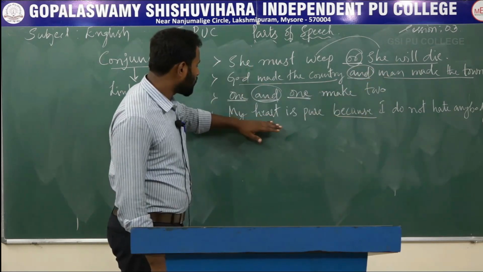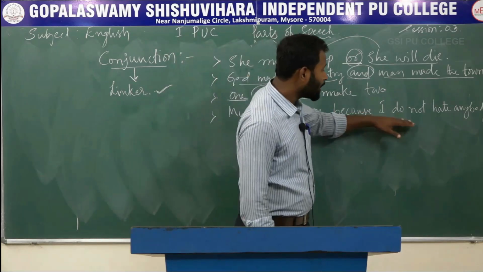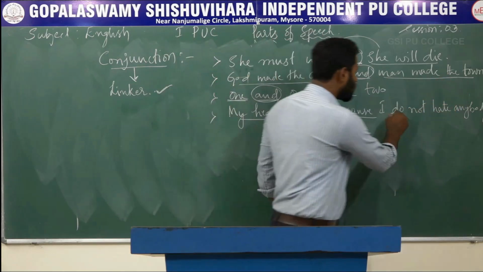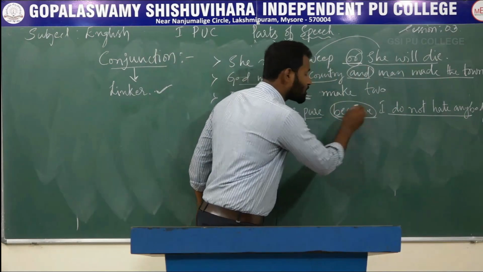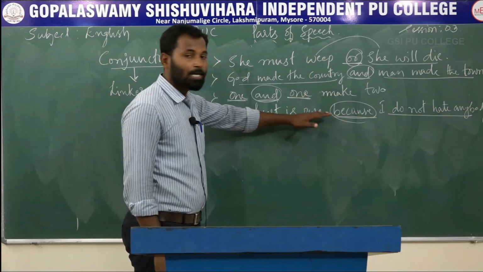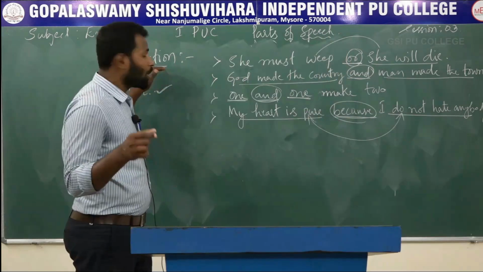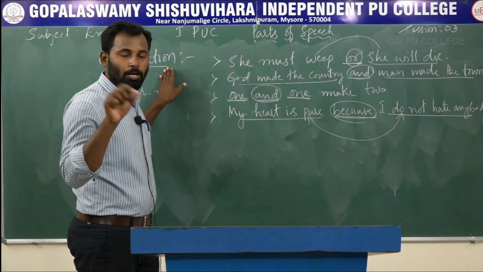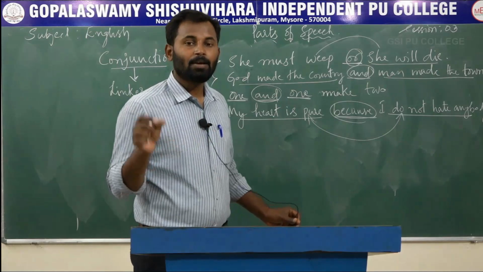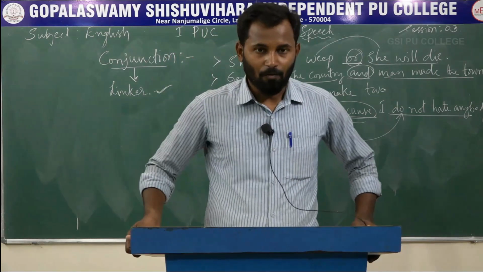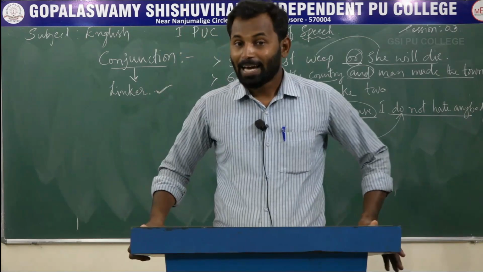And the last one is, my heart is pure, one sentence, and because I do not hate anybody. Here the conjunction because is used to join these two sentences. So a conjunction is a word that joins together sentences, phrases, sometimes words. Let us move on to the next part of speech, that is interjection.